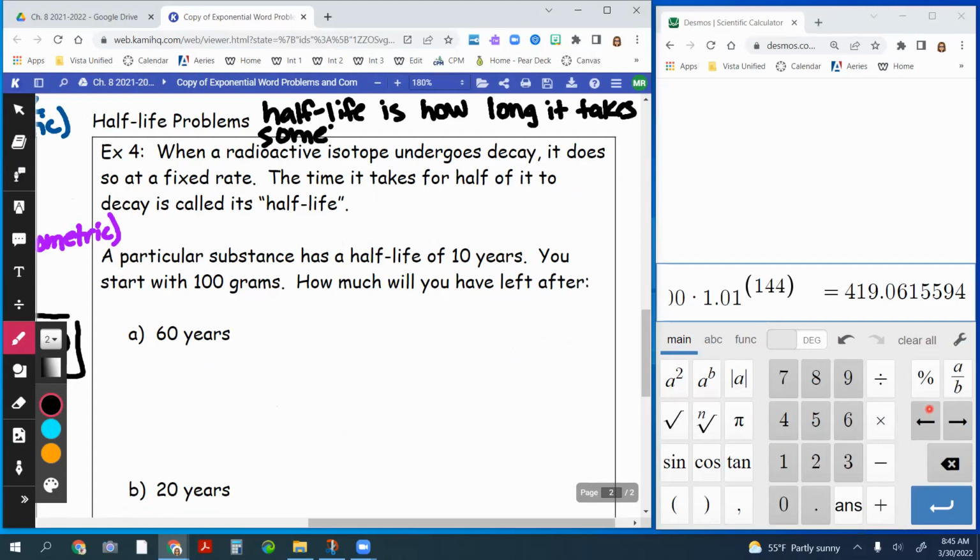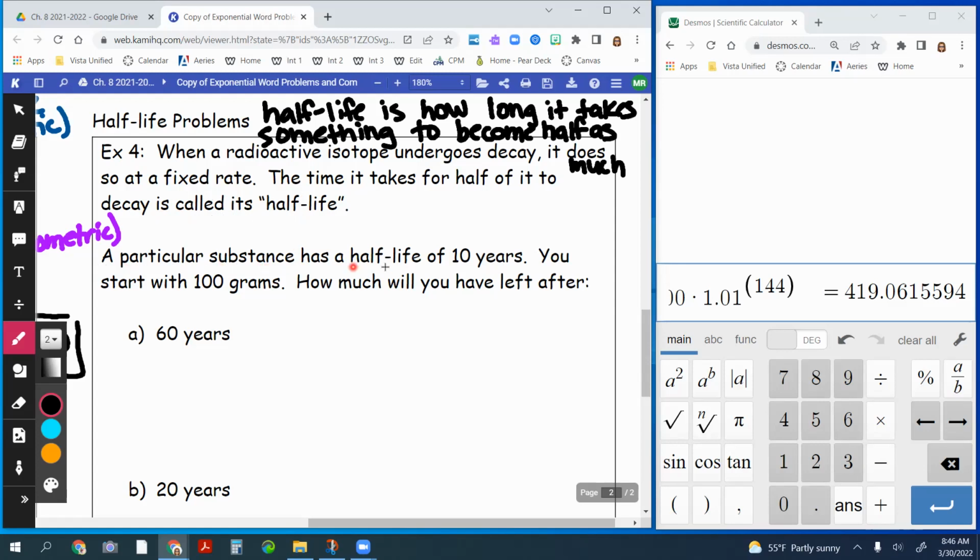So in this case, we're dealing with a radioactive isotope that undergoes decay. It does so at a fixed rate. The time it takes for half of it to decay is called its half-life.